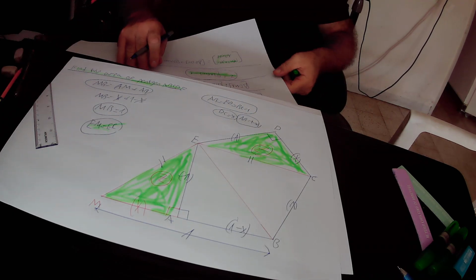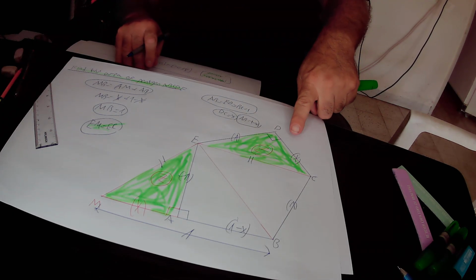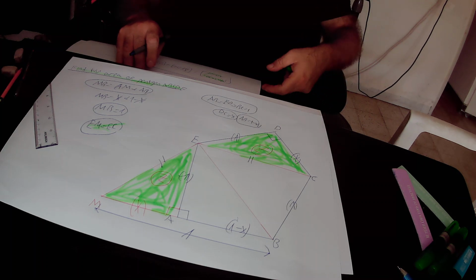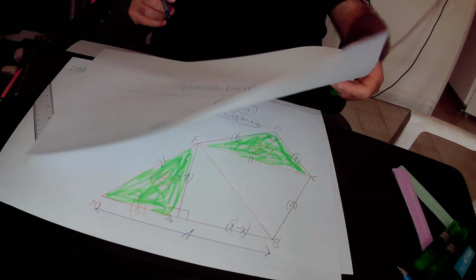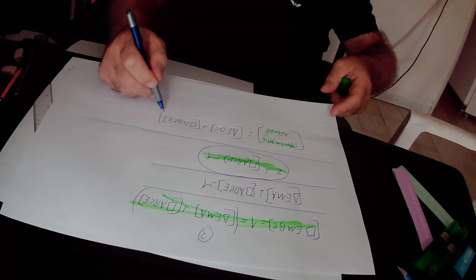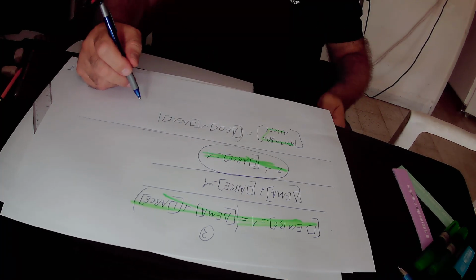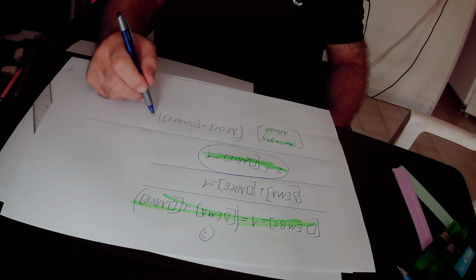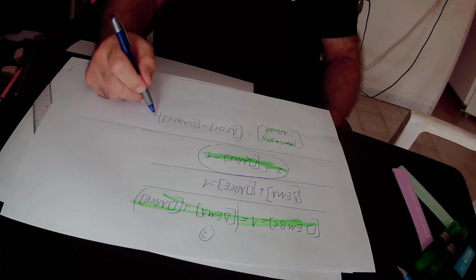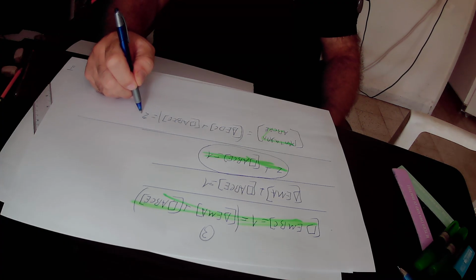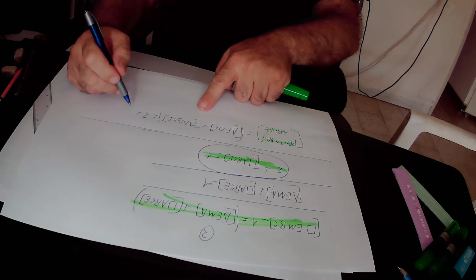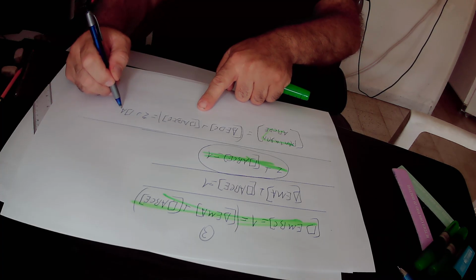But according to our definition, the area of triangle EDC equals Z squared inside. So I can substitute the area of triangle EDC by Z plus the area of quadrilateral ABCE.